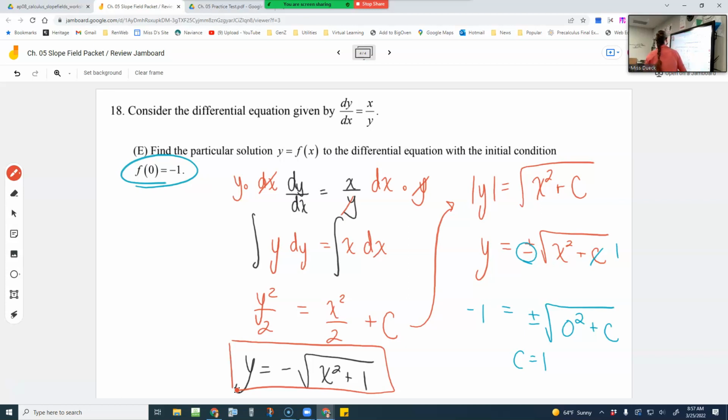Well, that would be a version of the c, but remember, technically there was a plus c1 here and a plus c2 here, and this became a plus c3, and then when I put it under a square root, well, I guess it would work even back here though, right? Because yeah, you could have taken it over here. So then you would have had negative 1 squared over 2 equals 0 squared.